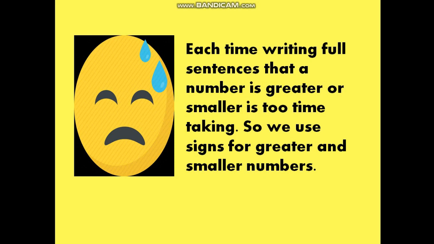Each time I am writing that 999 is a bigger number, it is greater, and 99 is a smaller number. So when we are comparing, we don't need to write all this. We can use signs: greater than, less than, or equal to. Let's have a look at them.